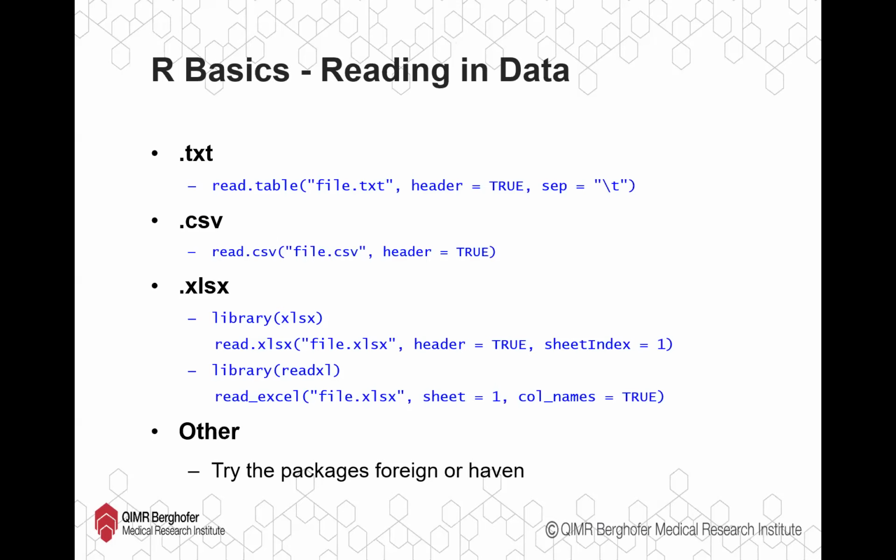Some of the arguments I have up on the screen now in the functions may not be necessary. Often some of the arguments like header and sep will have default values, and so you don't necessarily need to give an input to them, but often it's good to include them to make sure you're very clear when you're writing code to know what's happening. The header argument says whether the first row of your data contains variable names.